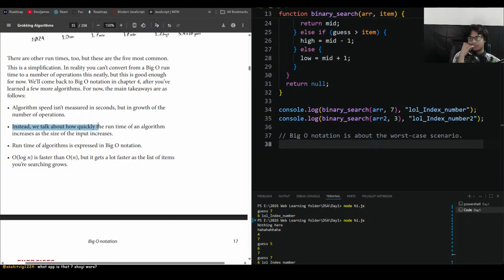The runtime of an algorithm is expressed in big O notation.